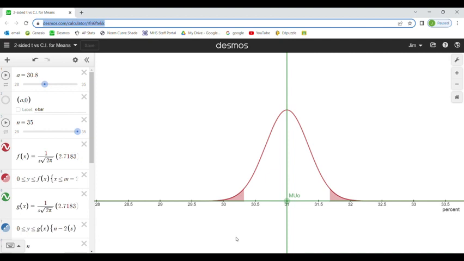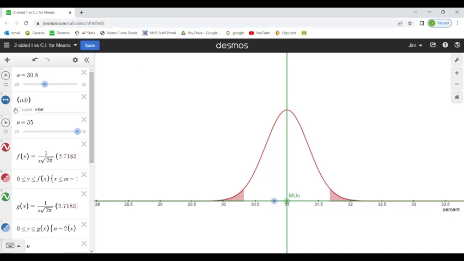And remember that this was a two-sided test. So I have my p-values indicated on the left side and on the right side. If I take a sample, and that sample x bar is anywhere in this range, we're going to fail to reject the null hypothesis.